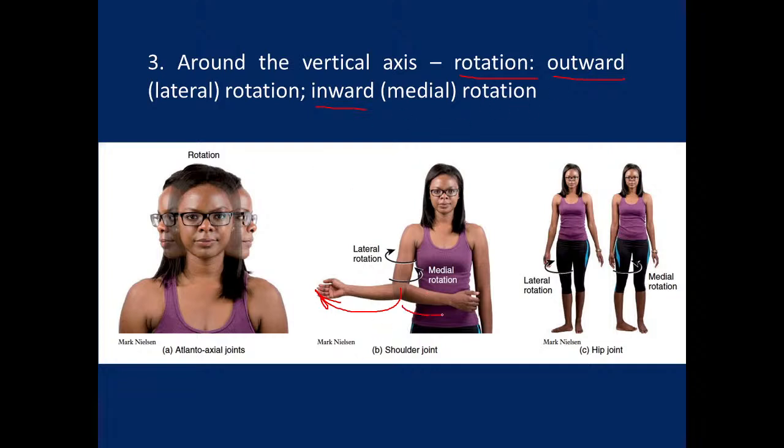And when we produce this way of movement, we call it inward or medial rotation. It is the same for the hip joints. Outside rotation we call lateral, and inside we call medial rotation.